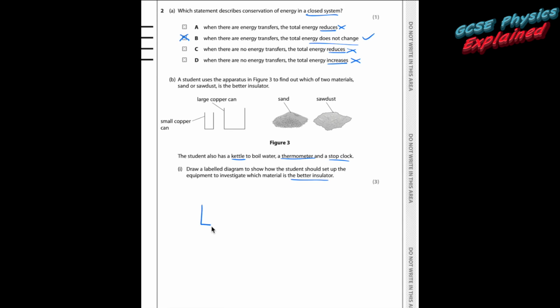Right, well, if we put one can inside the other can and we'll fill this can up with the insulation material and we'll fill this can with water and we'll put a thermometer in there and we'll use a stop clock to time and see how long this stays hot for. So say measure it for 10 minutes, get the starting temperature, get the final temperature, see what the change in temperature was.